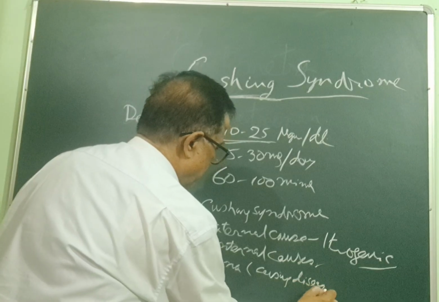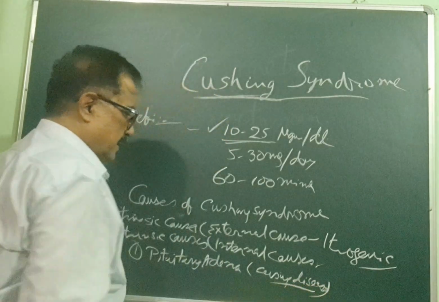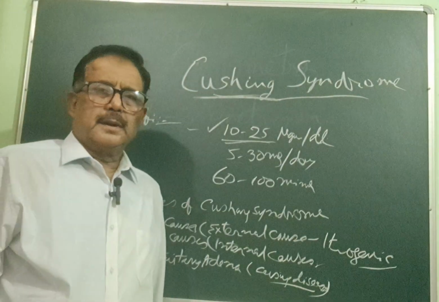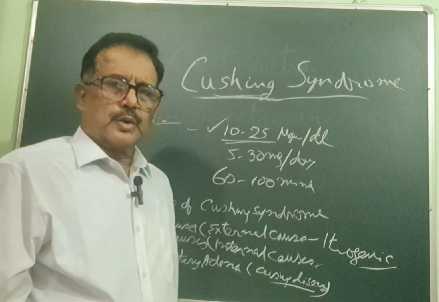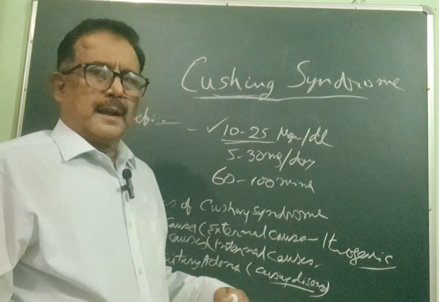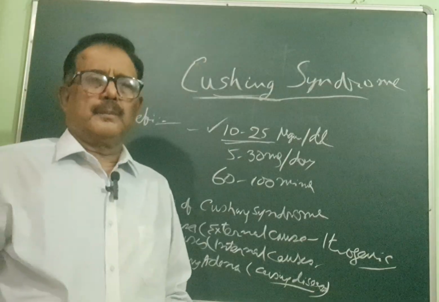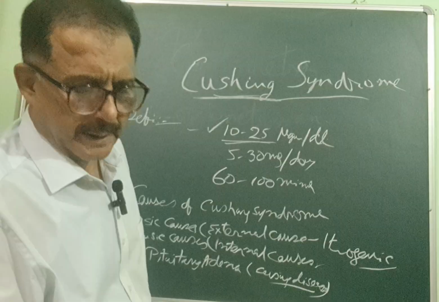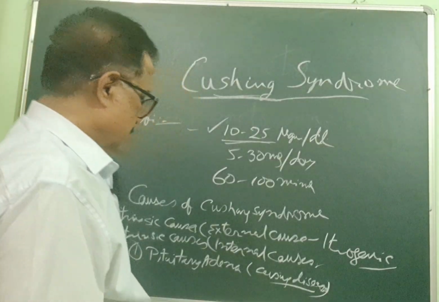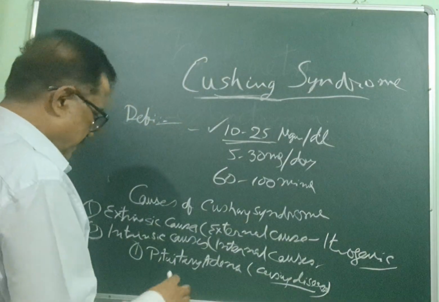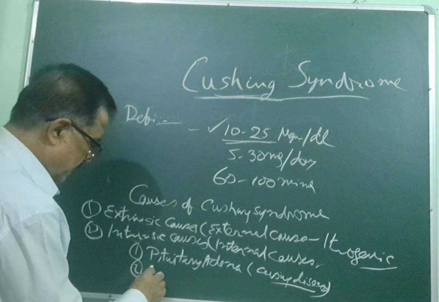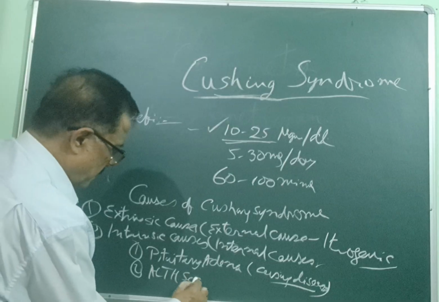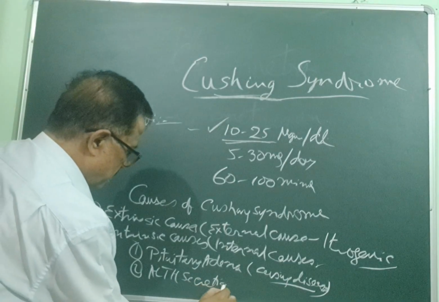It is slightly different from Cushing syndrome. The difference is that in Cushing disease, there is pigmentation due to the fact that ACTH has some function like beta MSH, melanocyte stimulating hormone. Therefore, it causes pigmentation.